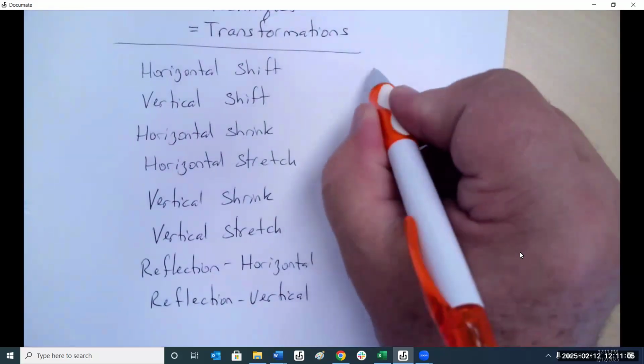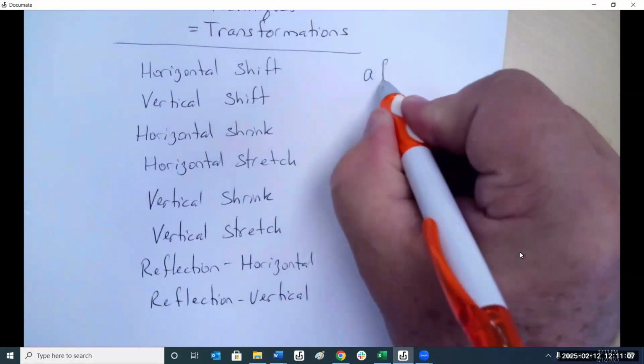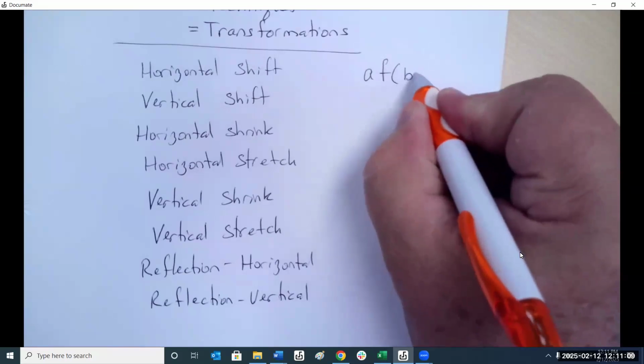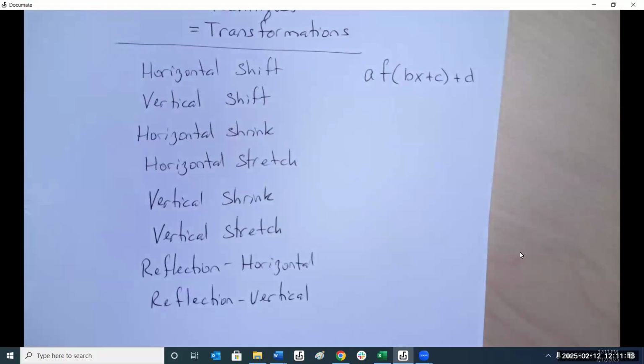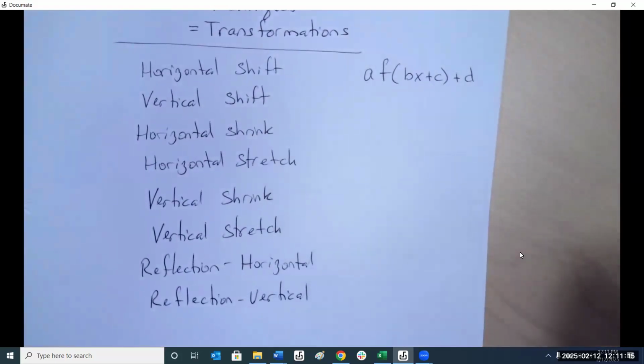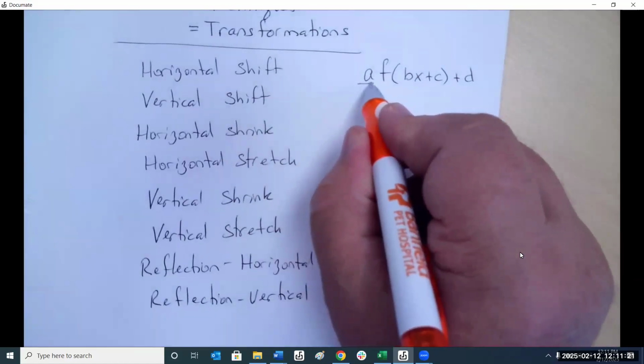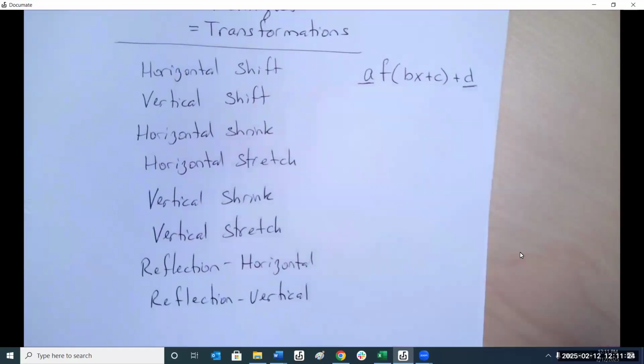So here's how a function looks. Any function looks like this. Anything that happens outside the function is a vertical change.